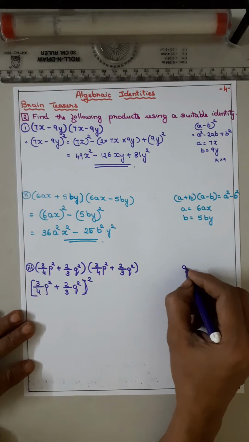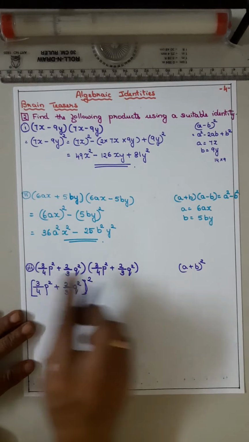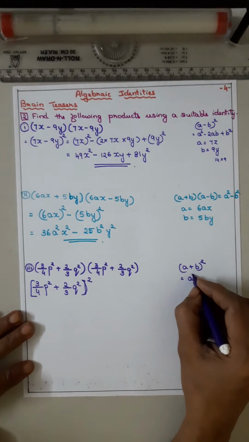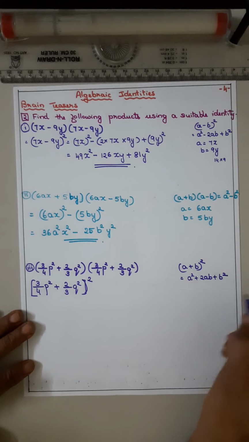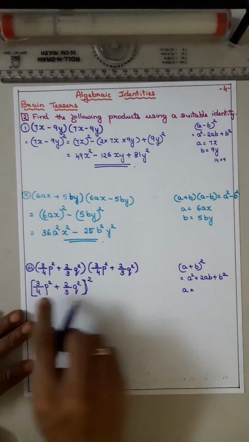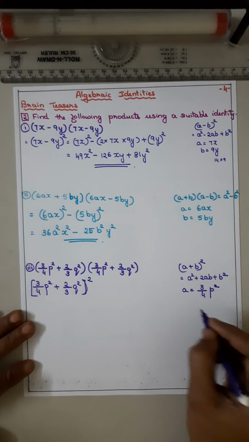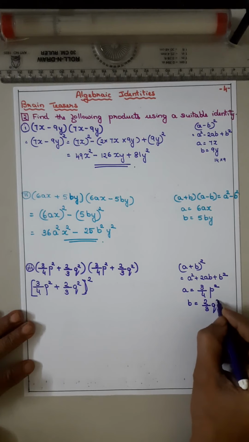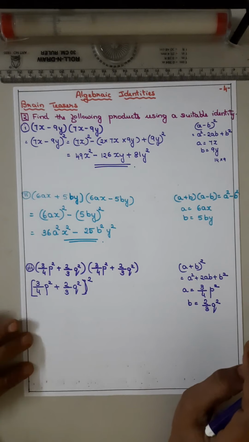That is a plus b the whole square. Sign is plus, the terms are same. So which is the first identity? A squared plus 2ab plus b squared. So here a is how much? 3 by 4 p squared and b is 2 by 3 q squared. So take care while writing, that's all.